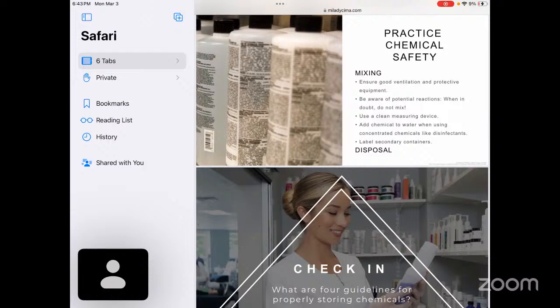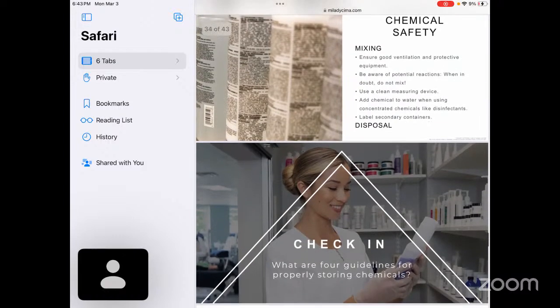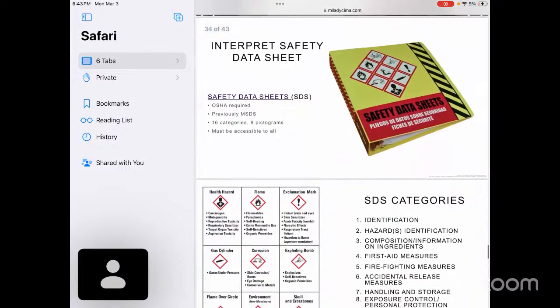Adding water past the required amount causes your solution to become very weak, which means your product just went down the drain. Okay. And then label secondary containers. Everything must have a label to it.